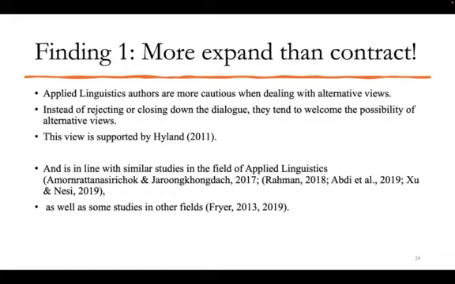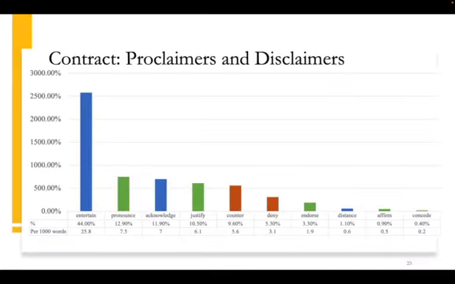So instead of closing down the dialogue, they tend to welcome the possibility of other views, which is supported by Hyland 2011 and is in line with other studies in the field of applied linguistics and studies in other fields as well, which again suggests that the language used in academic research tends to welcome the possibility of other voices. It doesn't close down the dialogue.